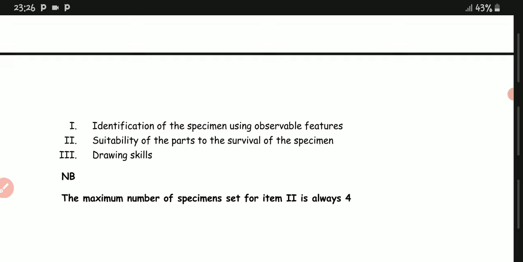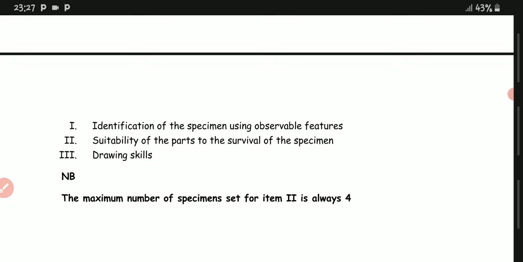And remember, when you don't write a title on your drawing, you are penalized. You may end up getting 0 instead of scoring all your marks. So now, when we are writing, please have this in mind that in biology, when they are testing for the drawing skills, they consider TDLMAN.